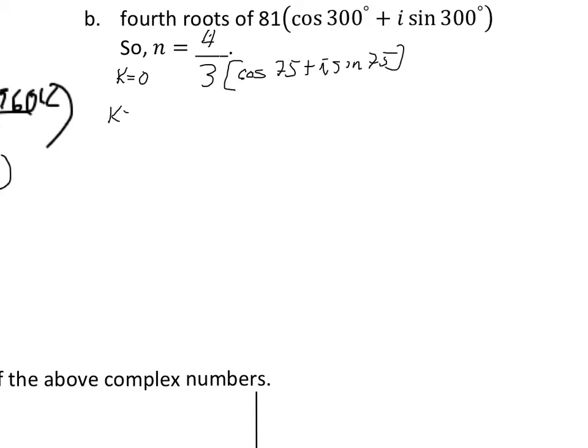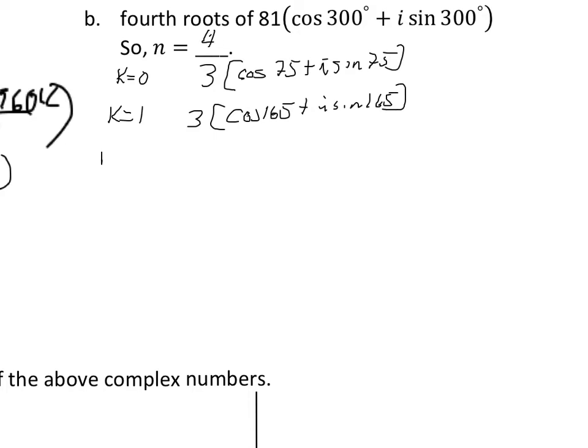Now let's go k is 1. So we get 3 times the cosine of 300 plus 360, which is 660 over 4, which is 165, plus I sine 165.